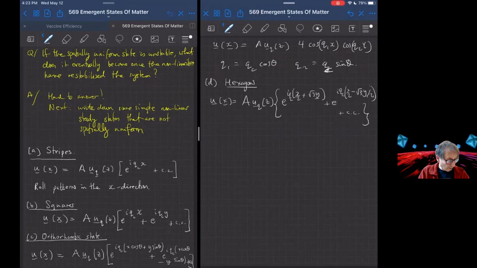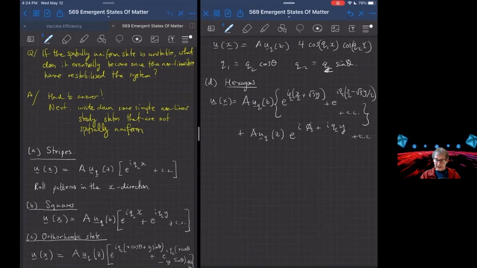So you can have that, but you can also have in here another term plus a uq of z times e to the i phi 3, some arbitrary phase, plus i qc of y plus the complex conjugate.